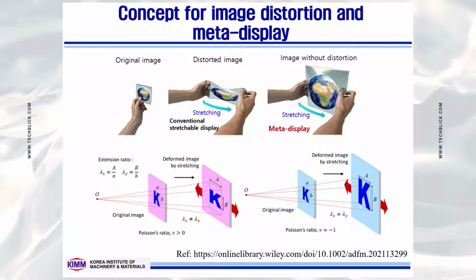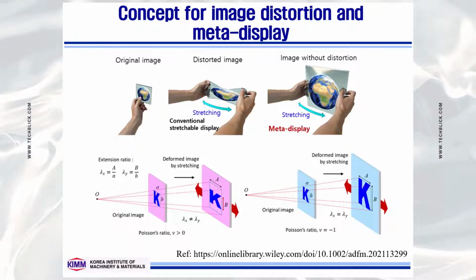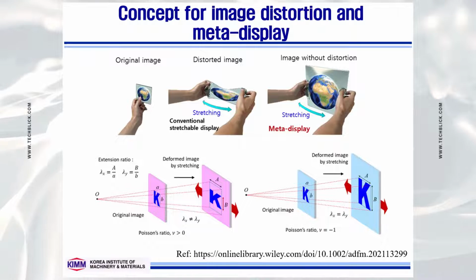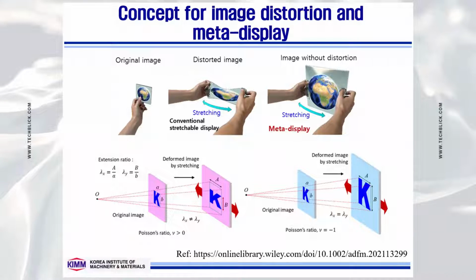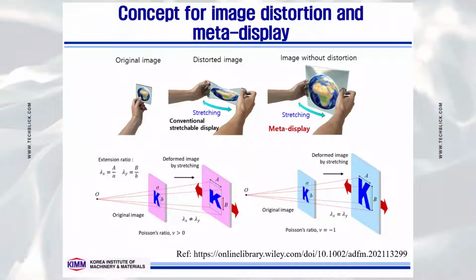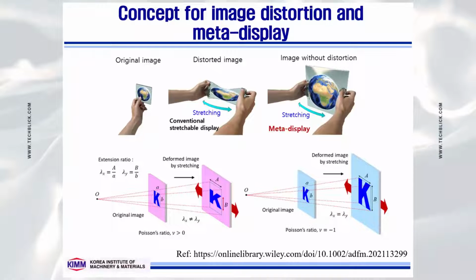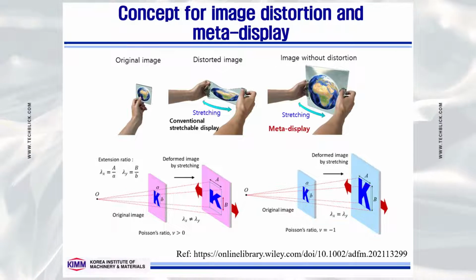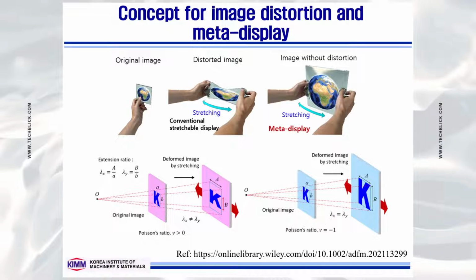We need a special mechanical property: the Poisson's ratio, a mechanical constant correlating the uniaxial stretching versus the perpendicular compression.